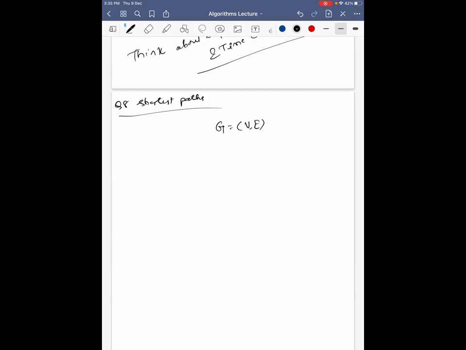You need to determine with an algorithm whether G contains a negative cycle or not.